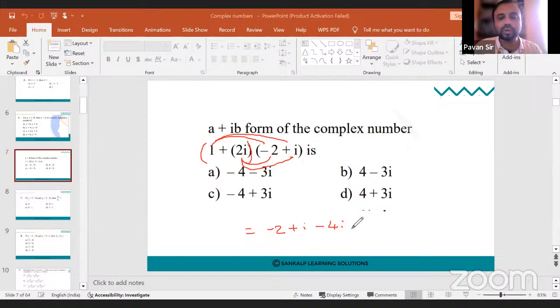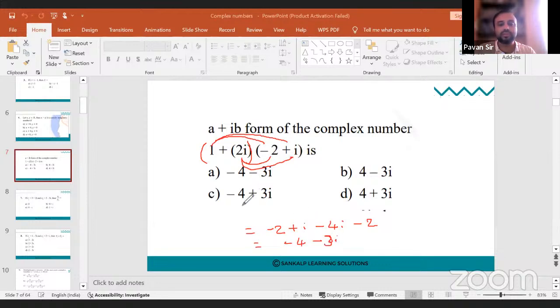So it is 2i square, in the sense it is minus 2. So what is the answer? Quick. Minus 2 minus 2 is minus 4. Minus 4i plus i is minus 3i.